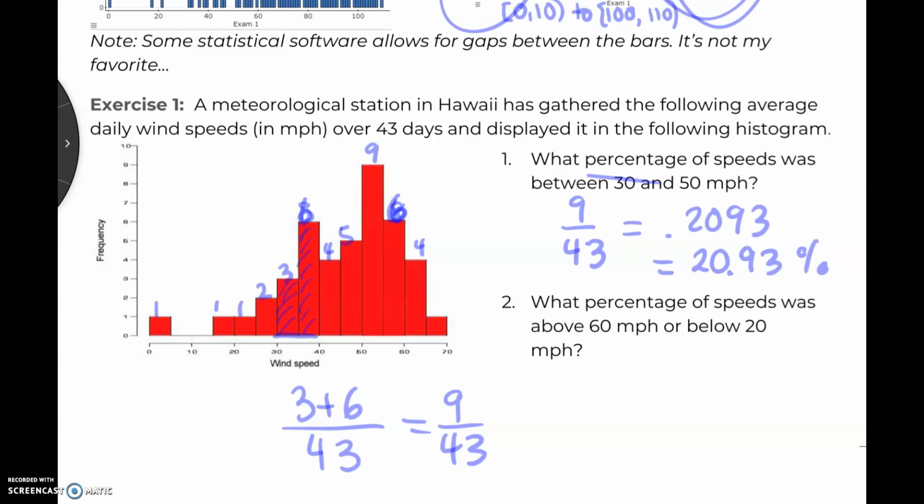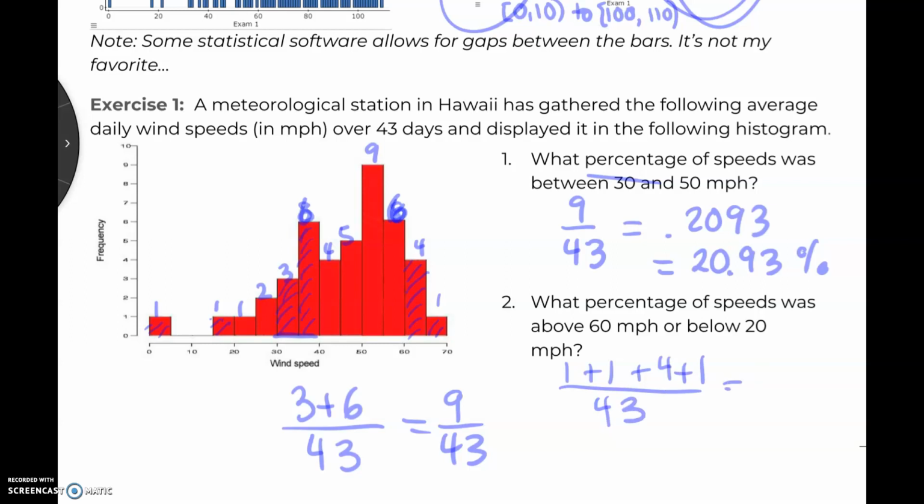The next question is asking what percentage of speeds was above 60 or below 20. Above 60, we have the 4 and the 1, and below 20 we have this one and this one. So we have 1 plus 1 plus 4 plus 1, again divided by the 43 total.